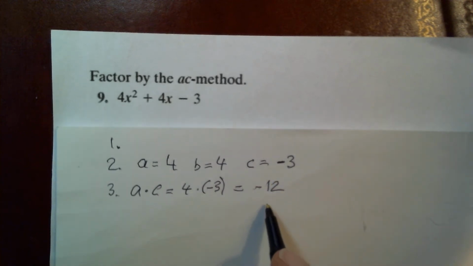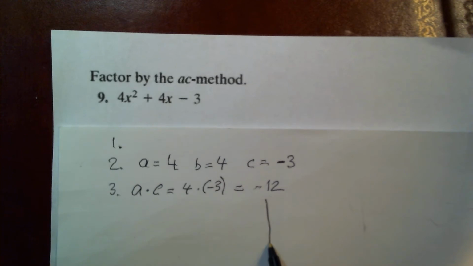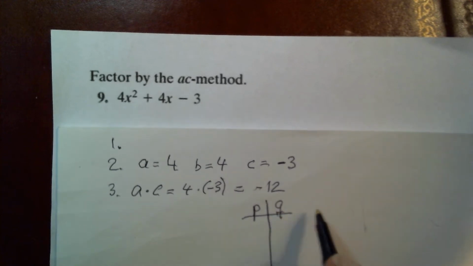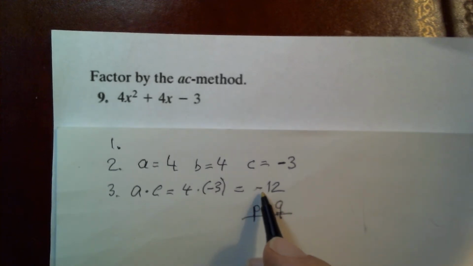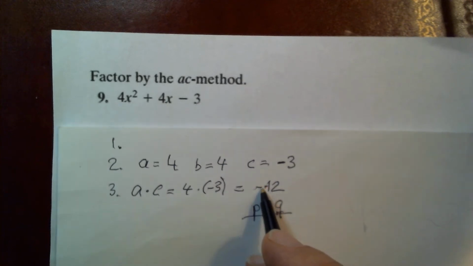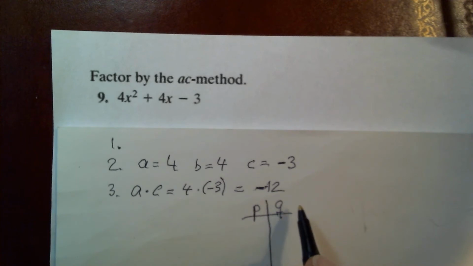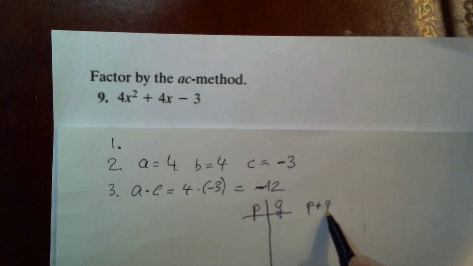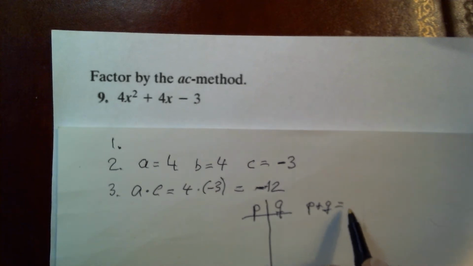So next we want to factor minus 12 in such a way that there are 2 integers p and q, so that their product equals minus 12, and that the sum of P and Q equals B. And remember, B is equal to 4.